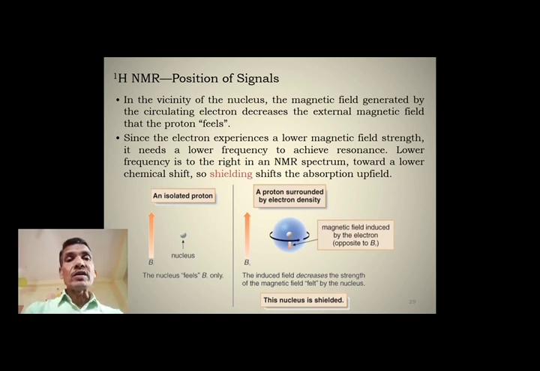This isolated nucleus feels the externally applied magnetic field strength B. But if a proton is surrounded by certain electron density, then in this another example, this proton is surrounded by electron density which generates its own magnetic field, and it may orient aligned to the externally applied magnetic field or aligned against it, that means two spin states are possible.